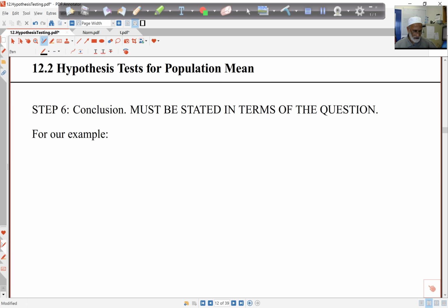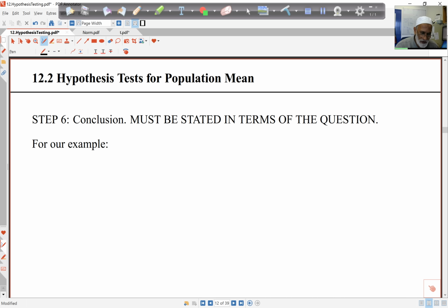Then the conclusion must be stated in terms of the question. And the important thing here is, is the manufacturer's claim correct?